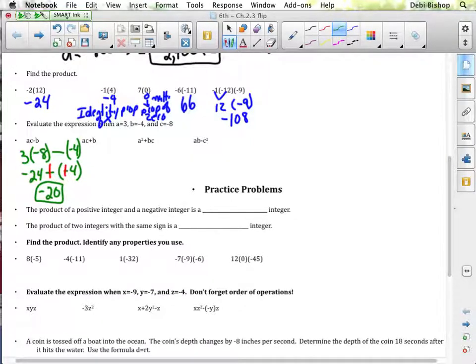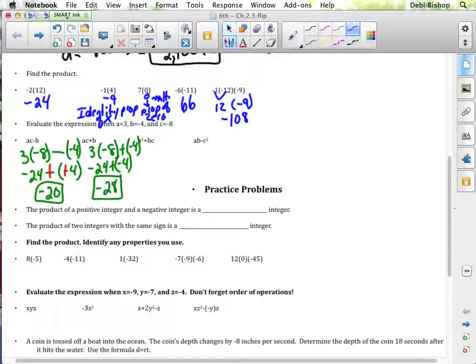All right, A, we have 3 times C, negative 8 plus negative 4. So very similar here, negative 24 plus negative 4, negative 28. Because those signs are the same, take the sum.